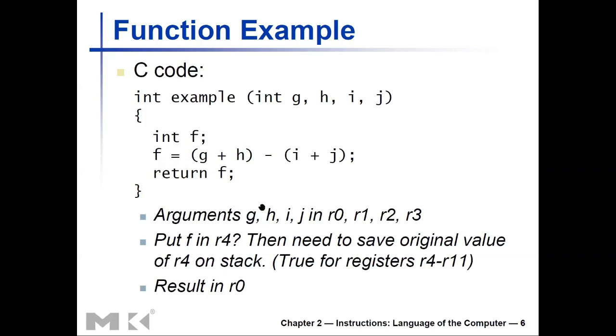When you want to return the value, you assign the value of f to R0; the result you have to put in R0. And now you need to load R4 back with the value that it was holding before the function call. To do that, you load the value that you stored in the memory back into R4.